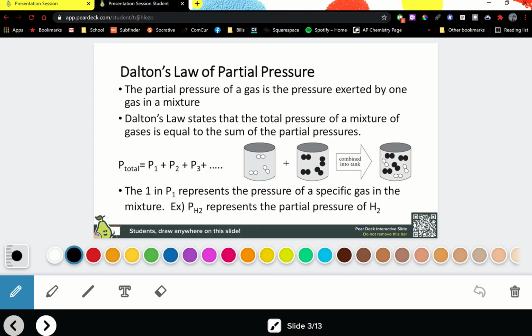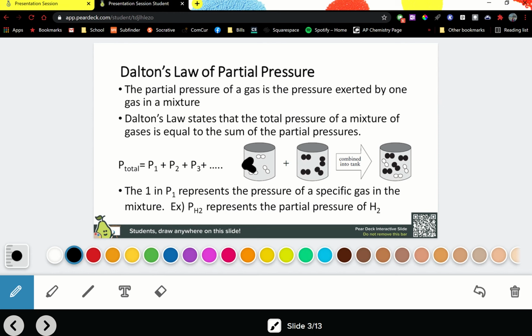Dalton's Law of partial pressure is a law that helps us deal with mixtures of gases. It states that the partial pressure of a gas is the pressure exerted by one gas in a mixture. For instance, if I looked at these little tanks down here at the bottom, we have particles in one tank bouncing around.